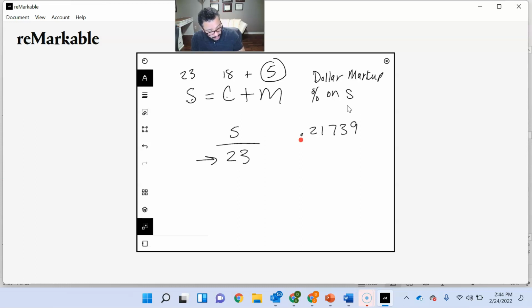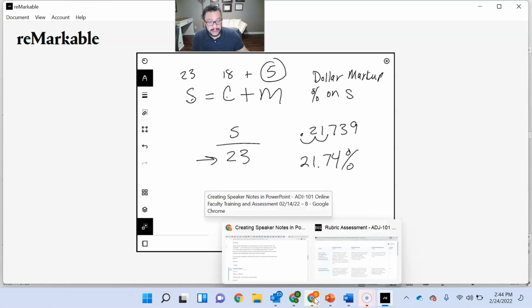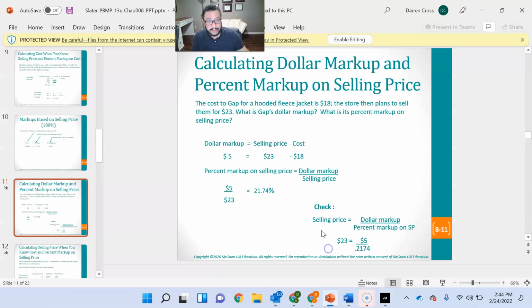We want to convert that to a percent, so we go boom, boom, 21.739. So round that up, 74. So it's 21.74% based upon selling price. That's what we have here.